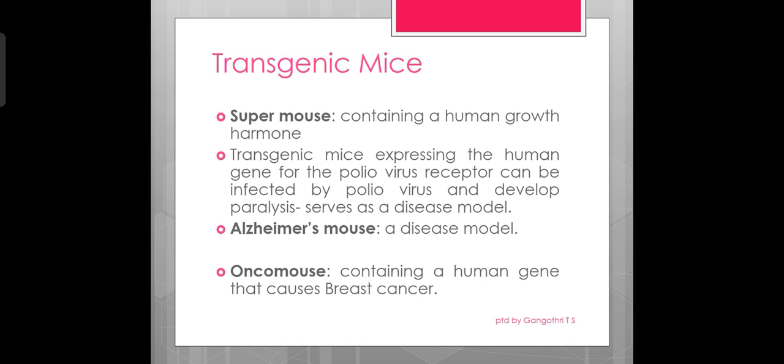So the human gene for the poliovirus receptor has been introduced into the mice and made into transgenic mice, so that the transgenic mice which have the poliovirus receptor will develop the symptoms of polio disease, that is paralysis, etc. So it serves as a disease model for that particular disease study.